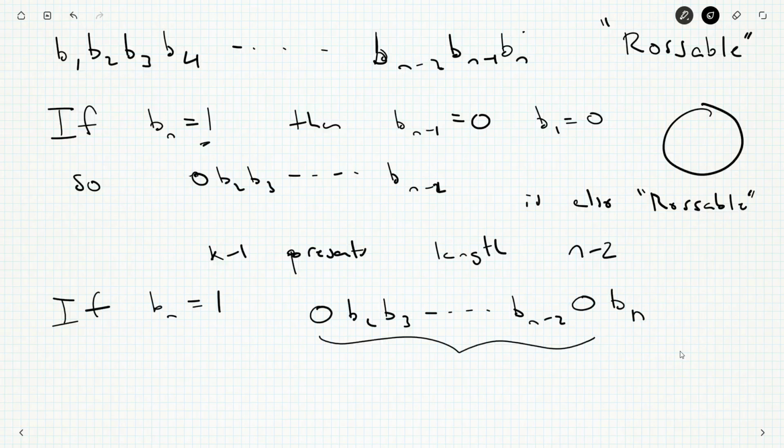Now any string in here can be made out of blocks that look like 1, 0, and zeros. Right? So, yeah, let's make that argument.